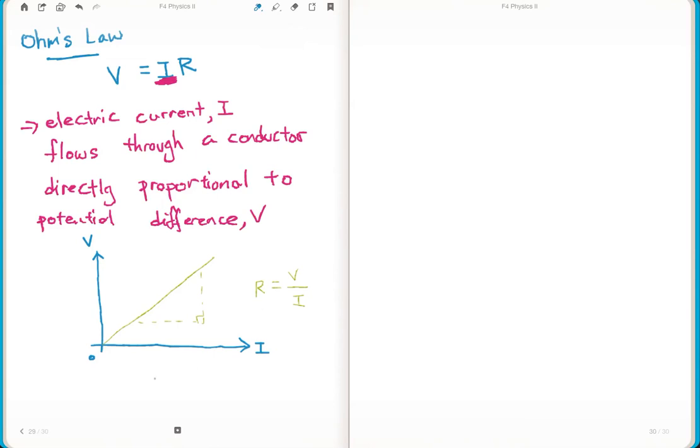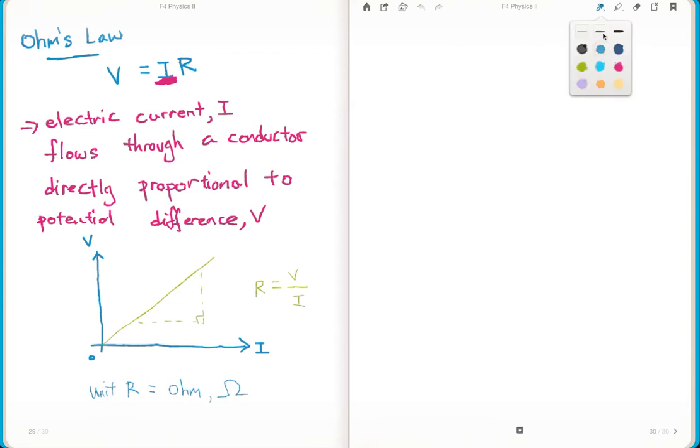So here, the unit for resistance is called ohm, symbol omega. So resistance is the gradient, or ratio. What's resistance?